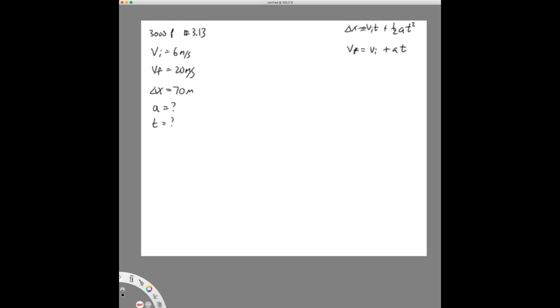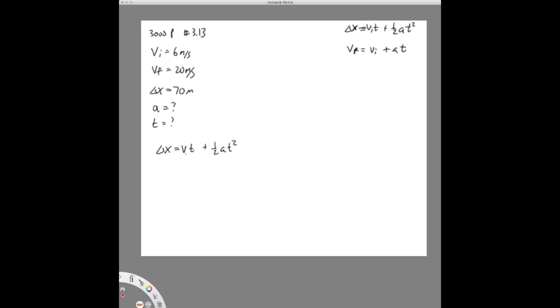2. Okay, good. So this means we can use either equation for either one. It's not like we don't have a choice. So which equation should we use for the acceleration? Let's try the first equation. Delta x equals V initial T plus 1/2 AT squared.